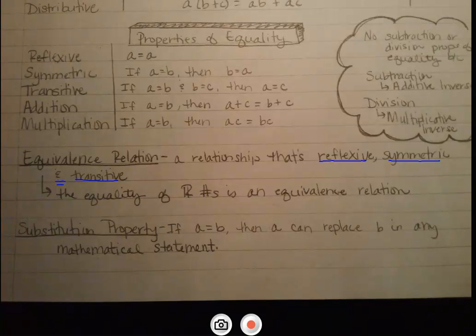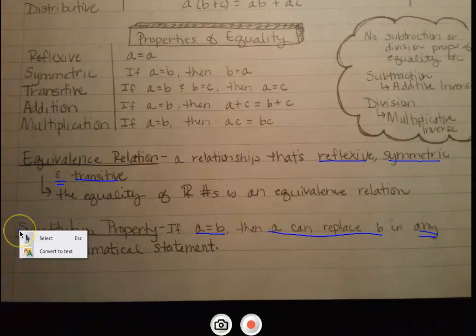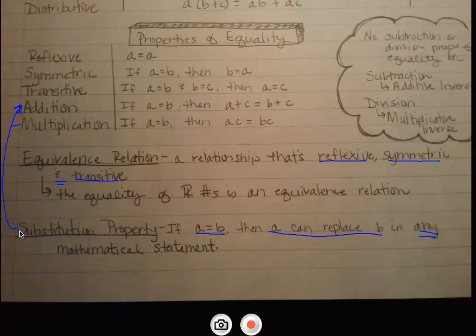Next up, the substitution property. If A equals B, then A can replace B in any mathematical statement. The substitution property is a lot like the addition and multiplication property of equality. It's like a restating of that; we can use the substitution property and do those.